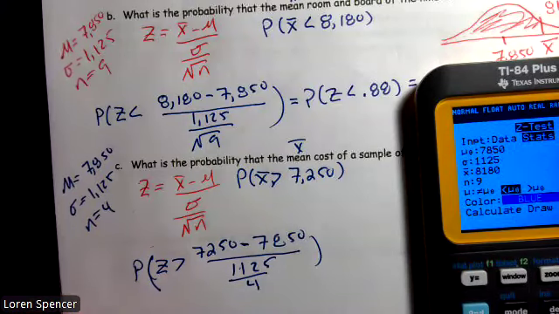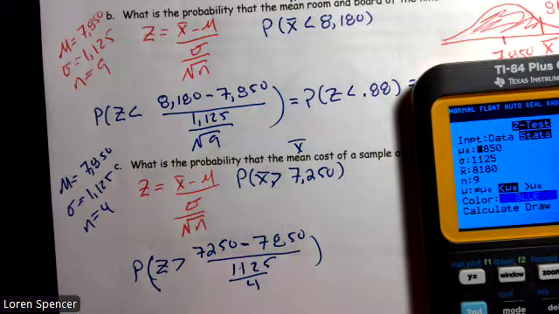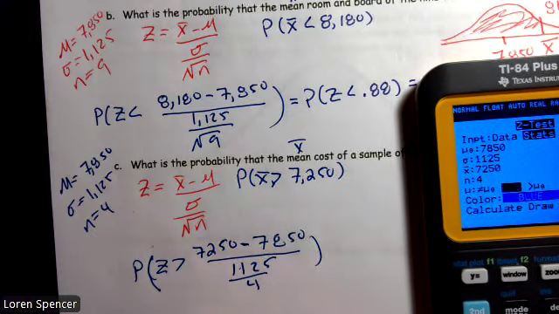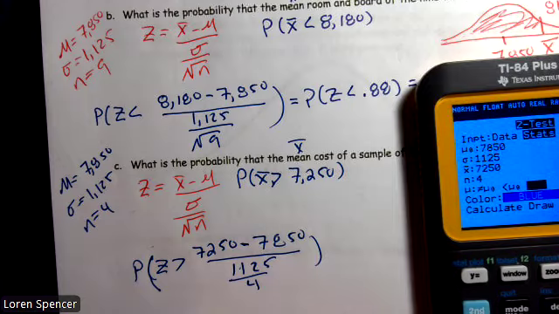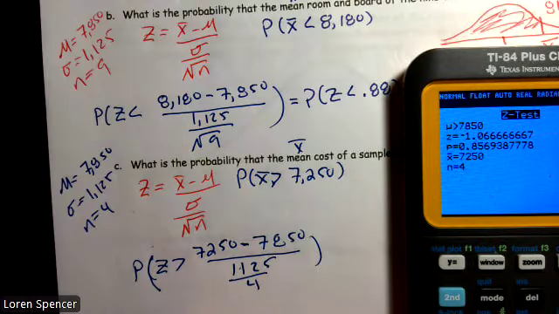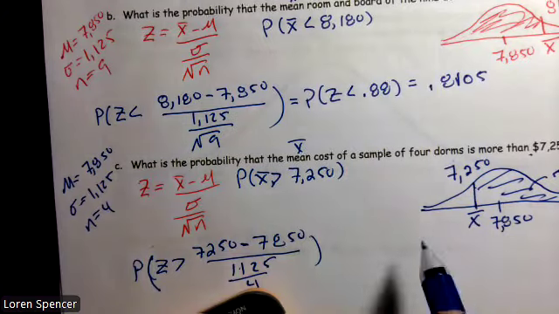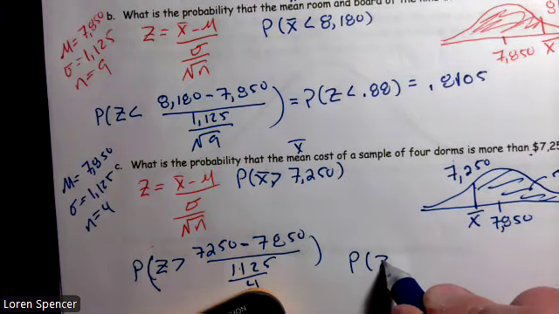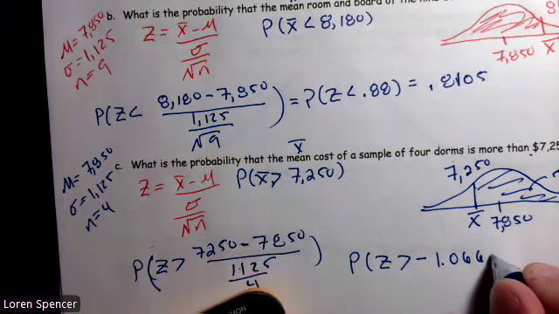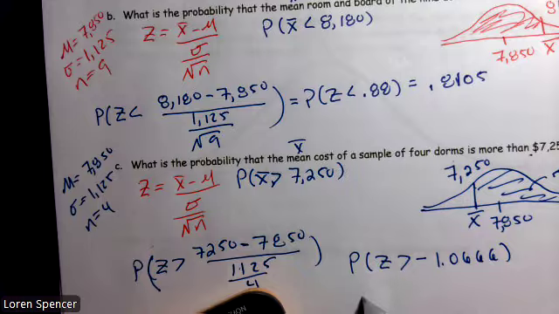Z test, 7,850, 1125, and we want 7250. Changing our sample size to 4, and we want it greater than. And we get the probability that Z is greater than negative 1.0666 Z score equals 0.8569.